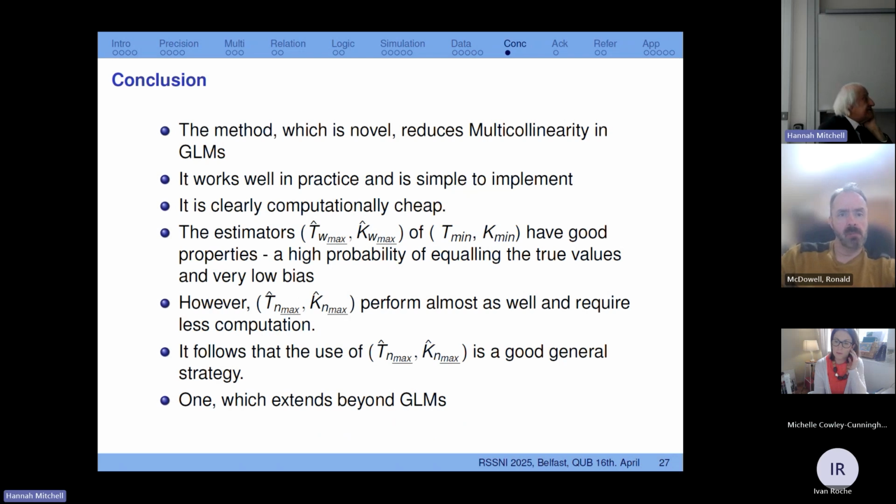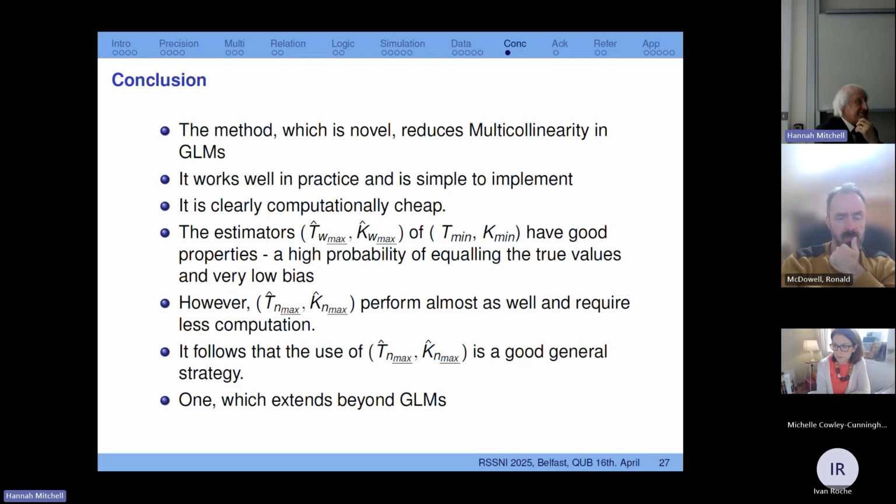So in conclusion, the method, which is novel, reduces multicollinearity in GLMs. It works well in practice, simple to implement, cheap to compute. These simple estimators have good properties, and they have a high probability of equaling the true value.